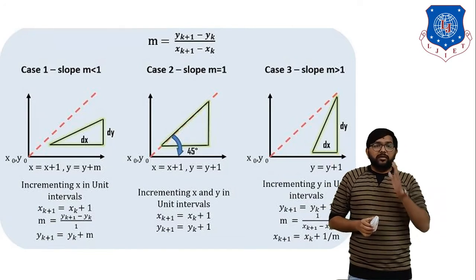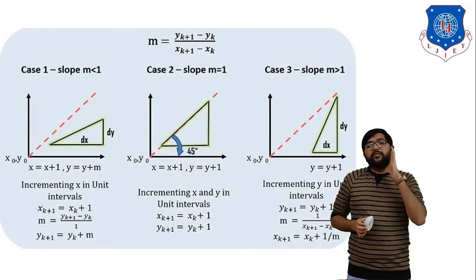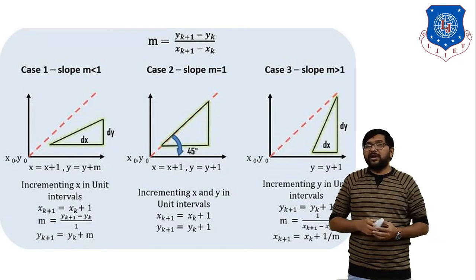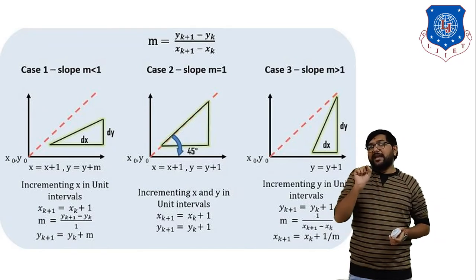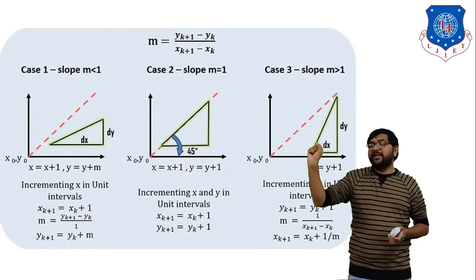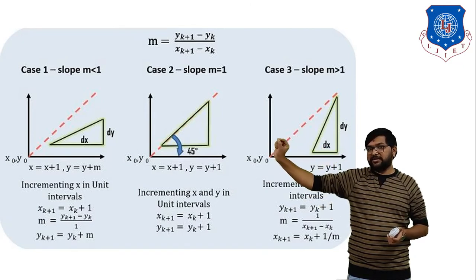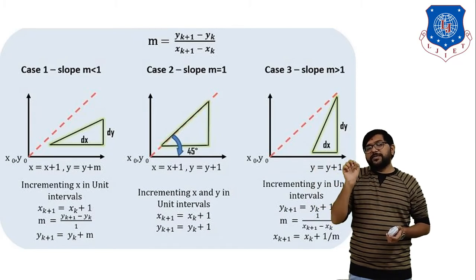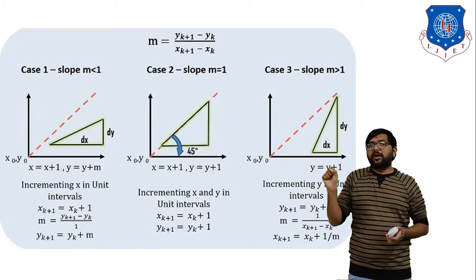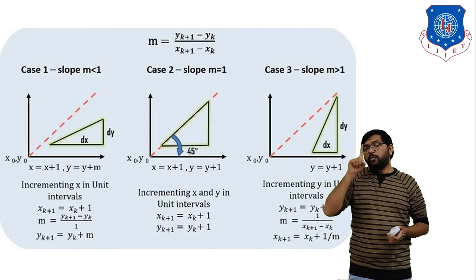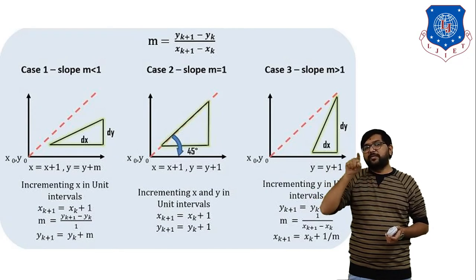Okay, so once again I explain, when the value of slope is less than 1, the line's increase in x direction is higher. That's why we give 1 unit increment in x direction. Suppose the first point of the line is 1 comma 1. We give 1 unit increment in x coordinate, meaning 1 plus 1 is 2.